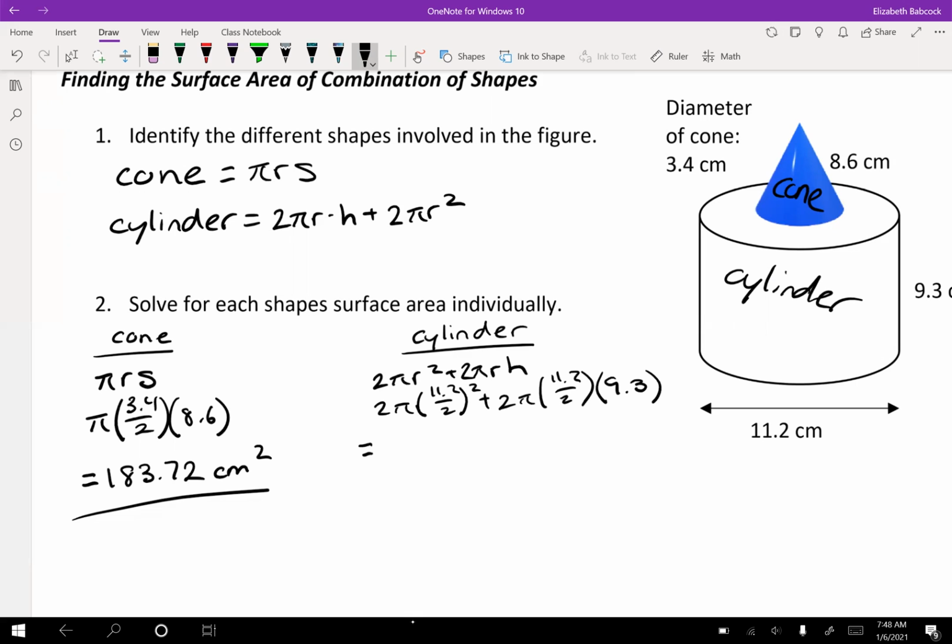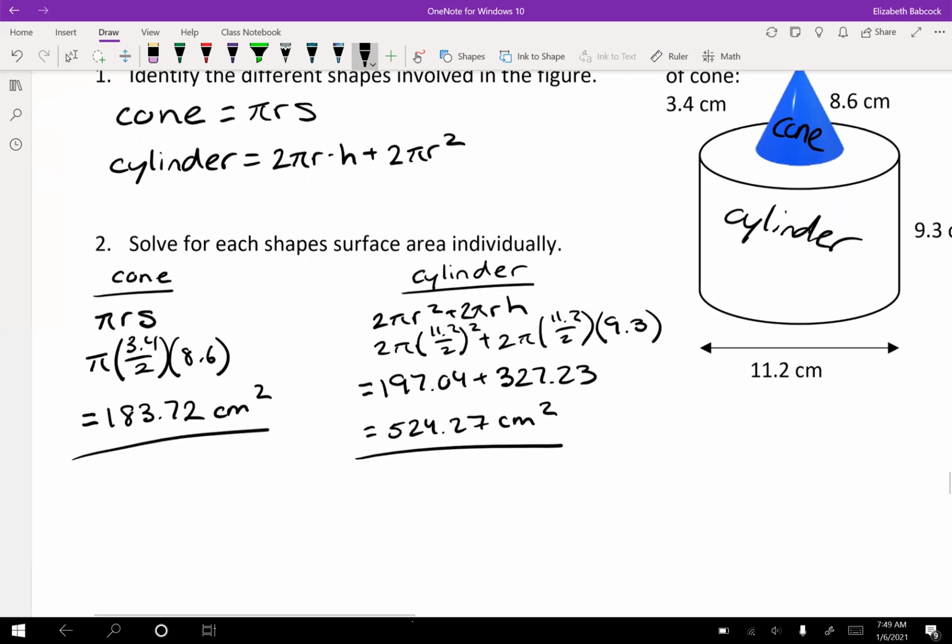Calculate each of those out separately. You should get 197.04 and 327.23, which is 524.27 centimeters squared. Okay, so that accounts for each shape separately.